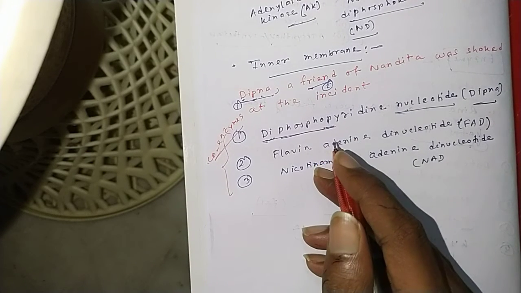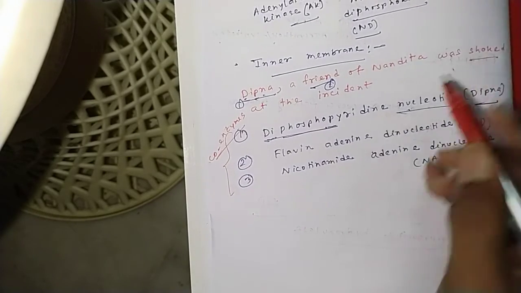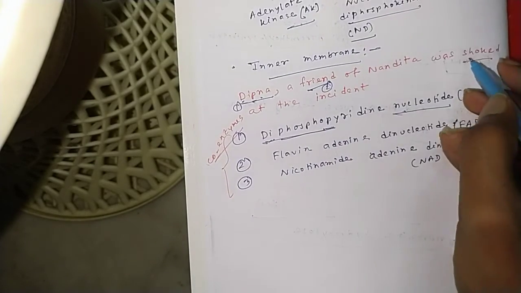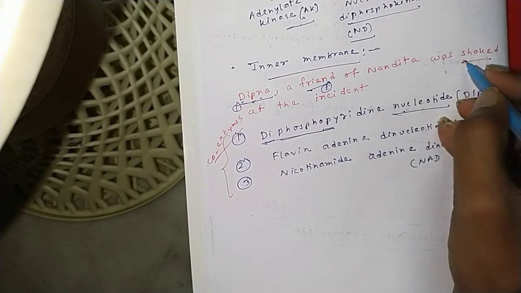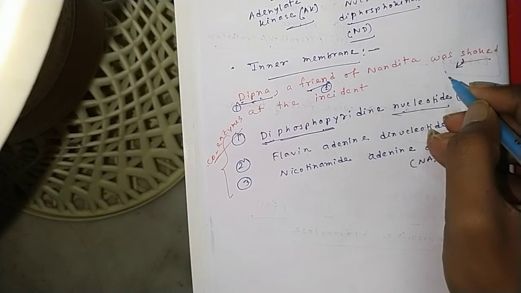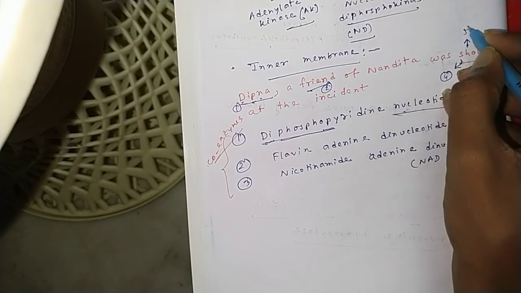Okay, now we will be talking about this word SHOCKED. If you look at it, you will get three things to note. First is S, that is the fourth enzyme. Then you have the fifth one.